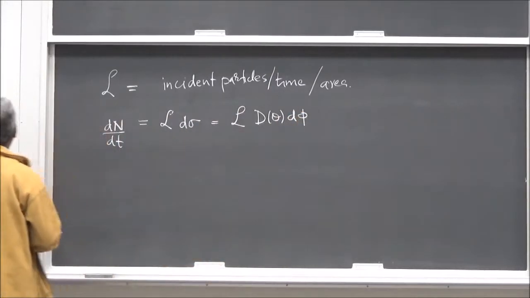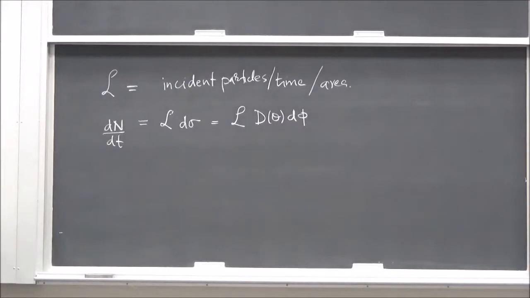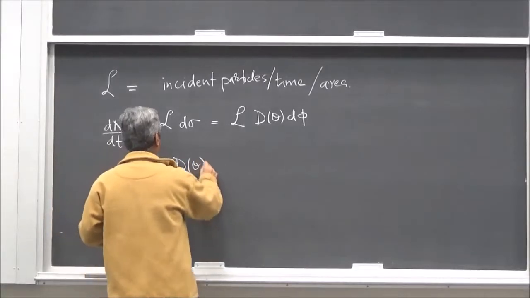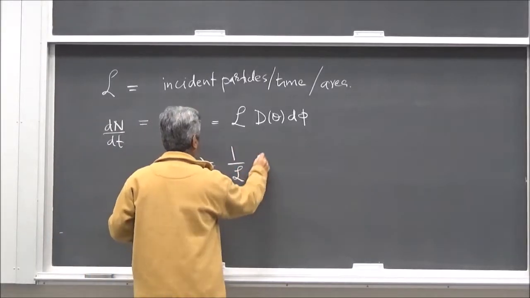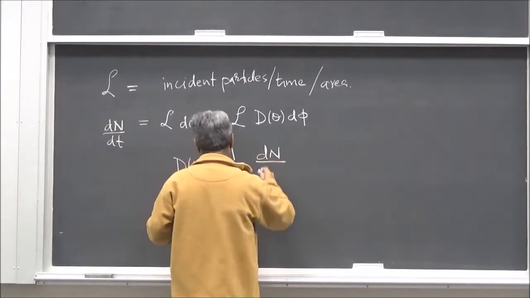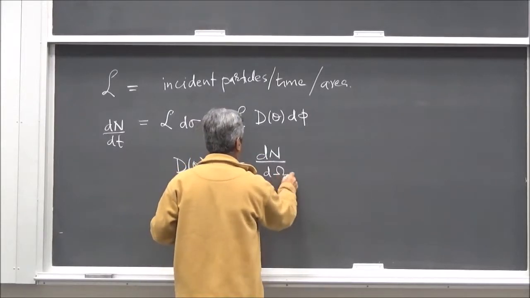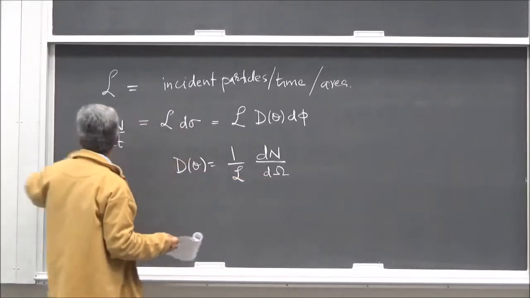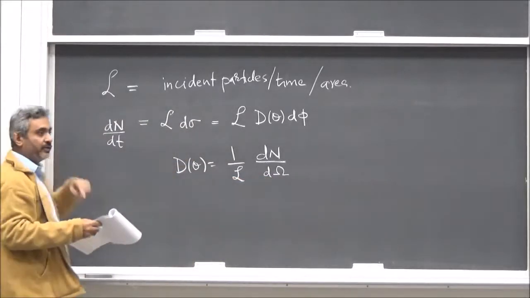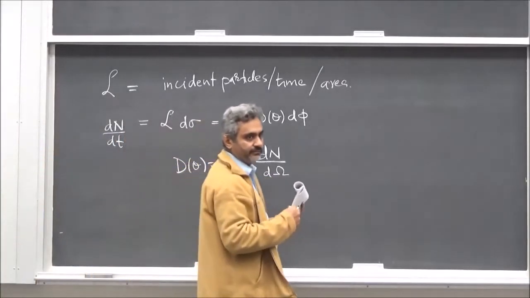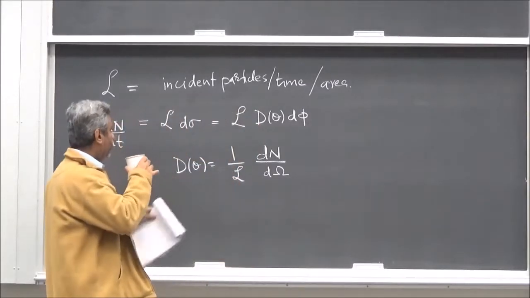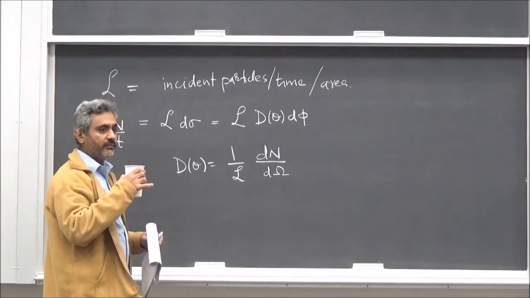And it is the same number of particles that you're going to get in this area, right? So d sigma by d omega is simply 1 over L dn over d omega, and remember, as she said, this is the number of particles that you're getting in this region per unit time. Okay. So now this is all observable.